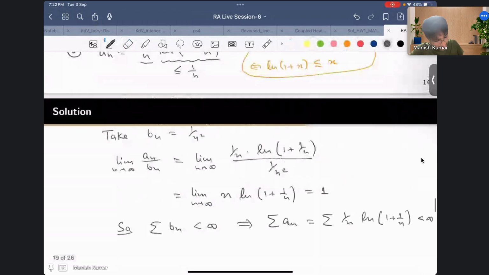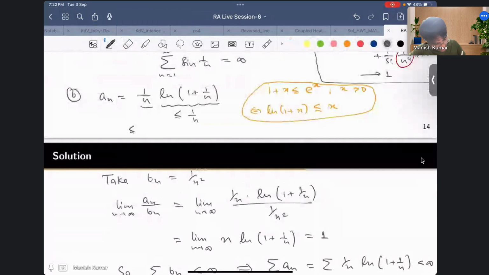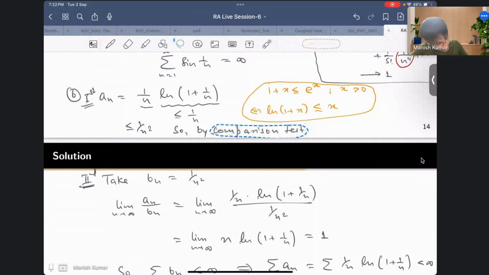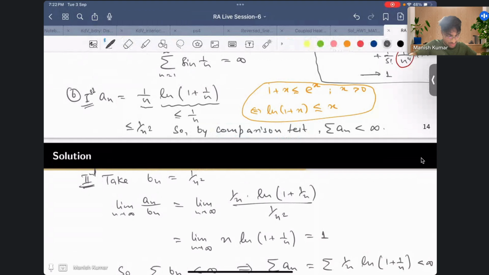So maybe this I can write as the second way, and this is the first. This is less than or equal to 1/n squared, so by comparison test the summation of a_n is finite. But anyway, since in the problem I mentioned limit comparison, you can use this.